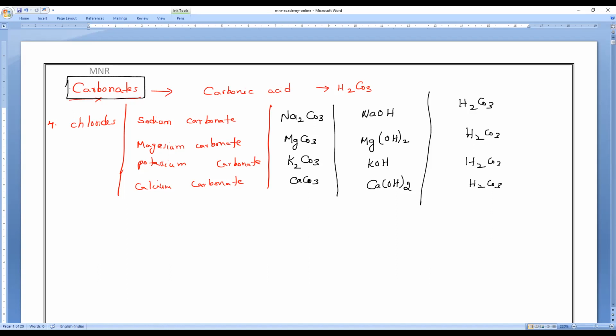Clear? If you want some other families, but class 10th level it is not necessary. Other families based upon the acids include the acetate family, such as sodium acetate, potassium acetate, and so on. Or if you want further, you can take phosphate families also.